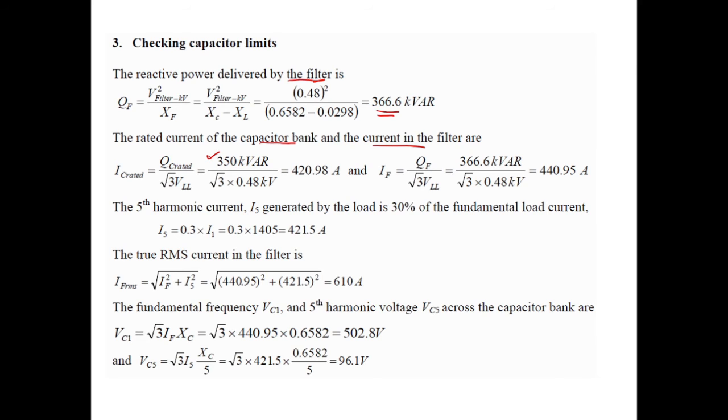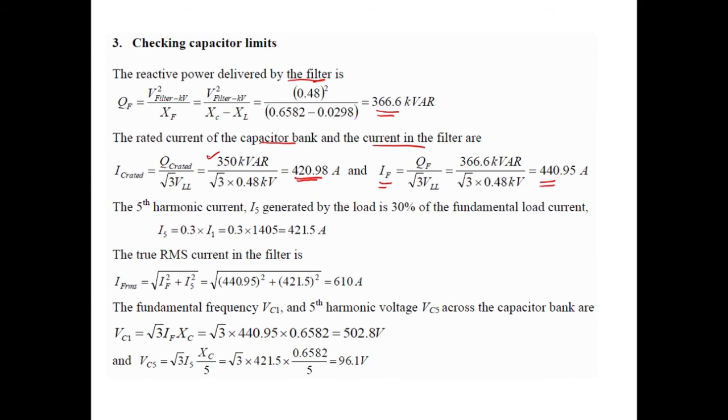We know the voltage, so that will give us the fundamental value for the current that will flow through the capacitor. And we can do the same thing with the fundamental current that will flow through the filter. It will be 440.95 ampere.